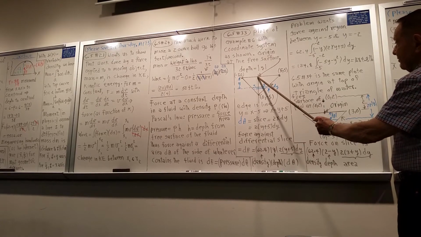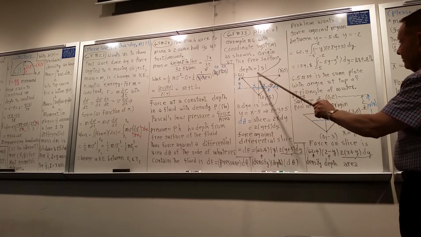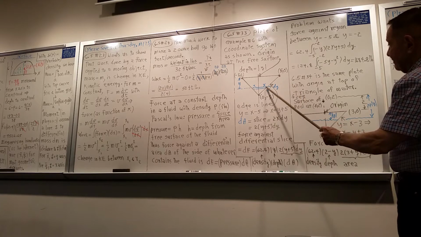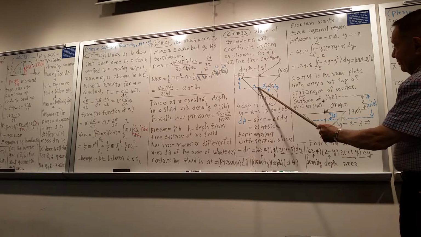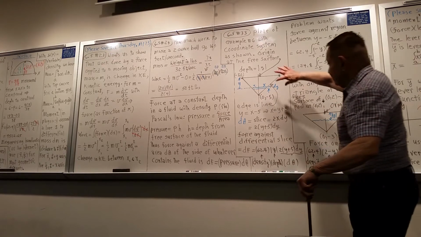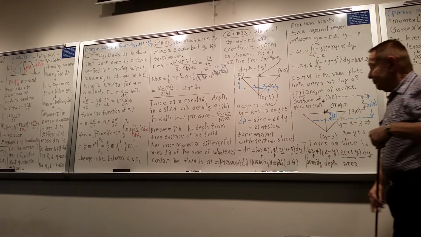So if you're taking your origin there on the free surface, you would have a way to get the equation of this edge of the triangle, and therefore to get x, and therefore to get 2x, where 2x dy would be the area in blue.